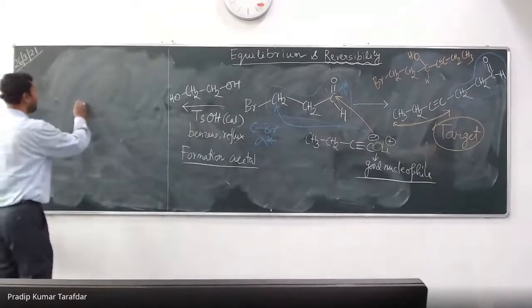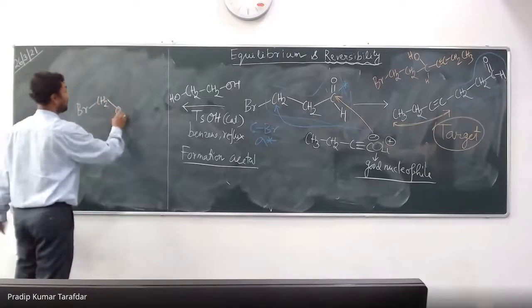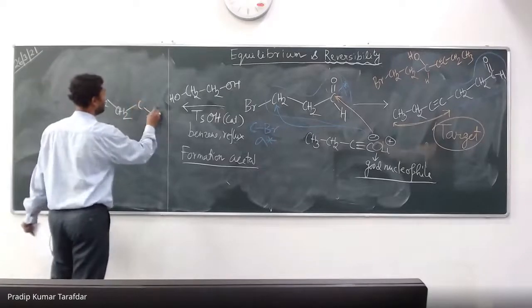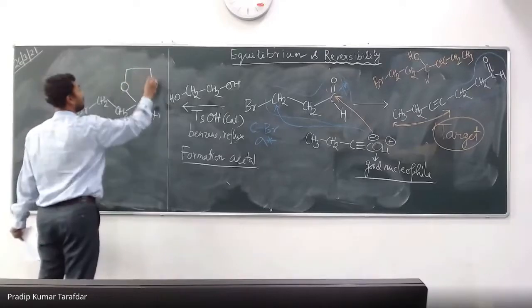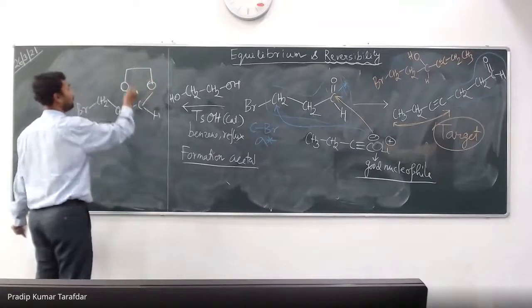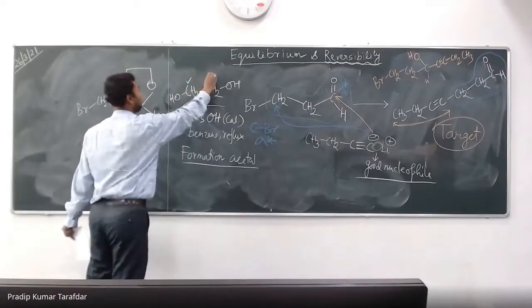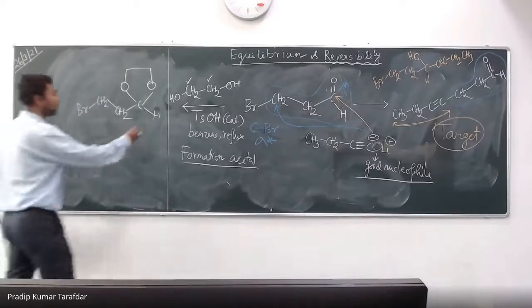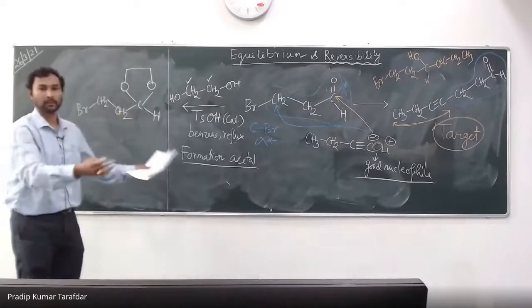So what I should get: Br, CH2, CH2, C, this is my H, this is oxygen, this is oxygen. This CH2, CH2 comes from here and here. Okay. So now here you do not have any pi star.